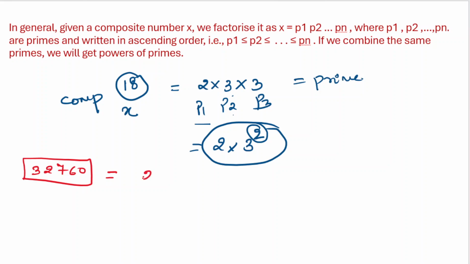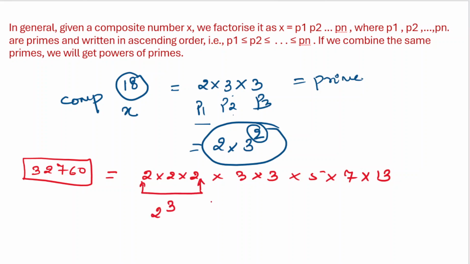So its factors are 2 into 2 into 2 into 3 into 3 into 5 into 7 into 13. So 2 into 2 into 2, you can write as 2 to the power 3. 3 into 3, you can write as 3 to the power 2. 5 to the power 1 into 7 to the power 1 into 13 to the power 1.